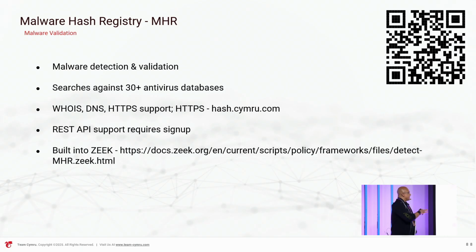I'll have a screenshot in the next slide, but you submit an MD5, SHA-1, or SHA-256 of a specific binary, and we will tell you how many of the 30 or 60 AV engines that we use have reported it as being malware. This is built into Zeek, formerly Bro. If you have a security team that uses IDS or IPS, it's been part of Bro for like 10 years.